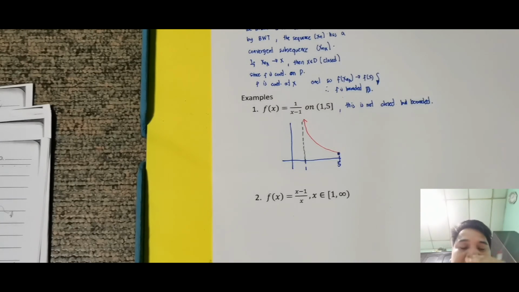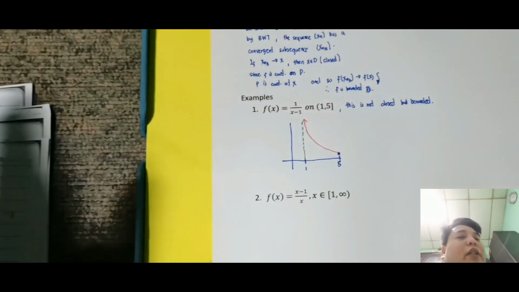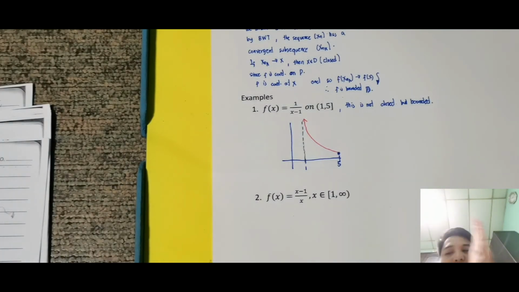So next example, f of x equal to x minus 1 over x per x element ng [1, positive infinity). So kung napansin mo, ano ba ibig sabihin nito? Siya ay close pero unbounded. Close sa umpisa pero unbounded. Dito naman sa una, not close siya sa umpisa pero bounded, kumbaga tumigil.